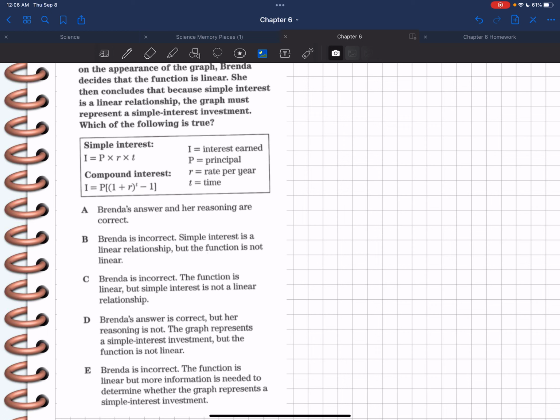Brenda is incorrect because the function is linear, but simple interest is not a linear relationship. Brenda's answer is correct, but her reasoning is not. The graph represents a simple interest investment, but the function is not linear. Brenda is incorrect. The function is linear, but more information is needed to determine whether the graph represents a simple interest investment.